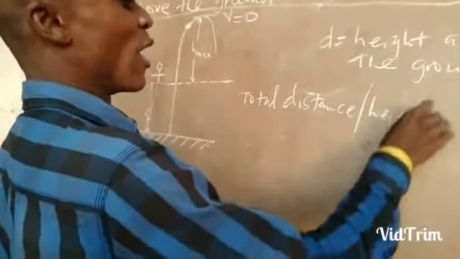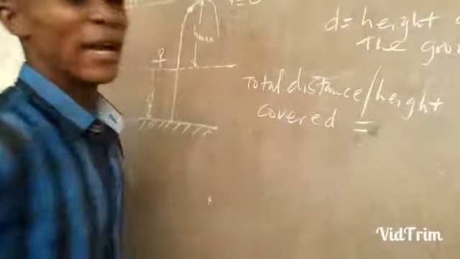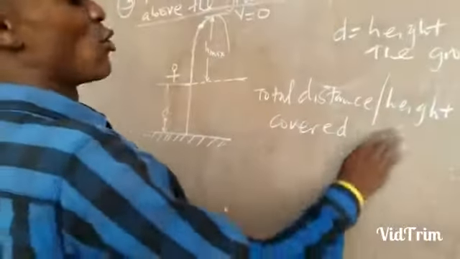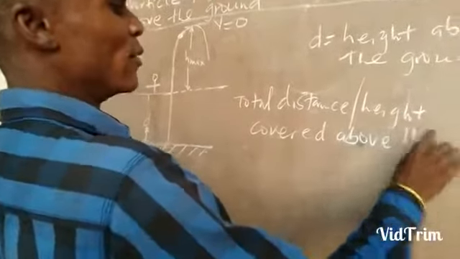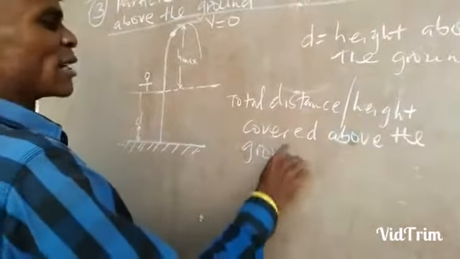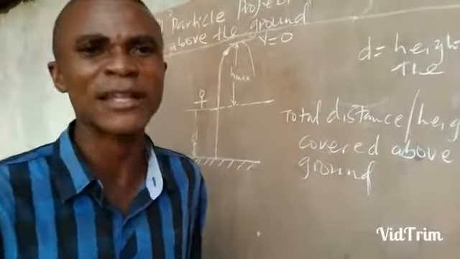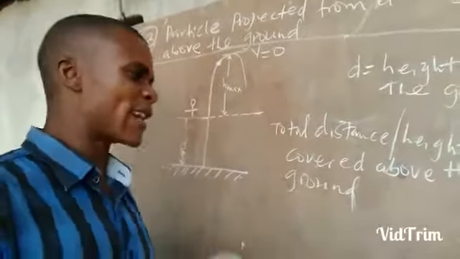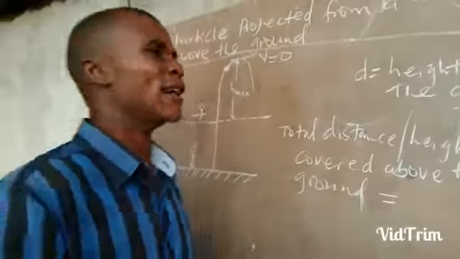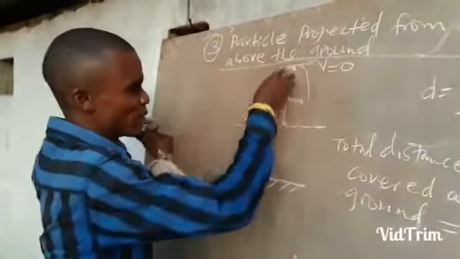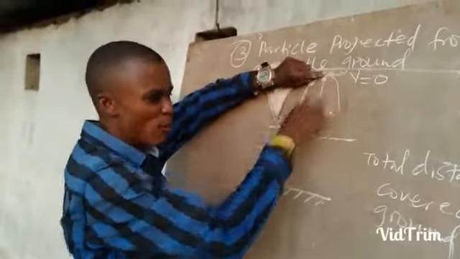To be precise, that is when you are asked to get the total height or total distance covered above the ground. If you are interested in that, what we mean by total height is where the object stops. You are interested in the height from where the object stops to the ground.